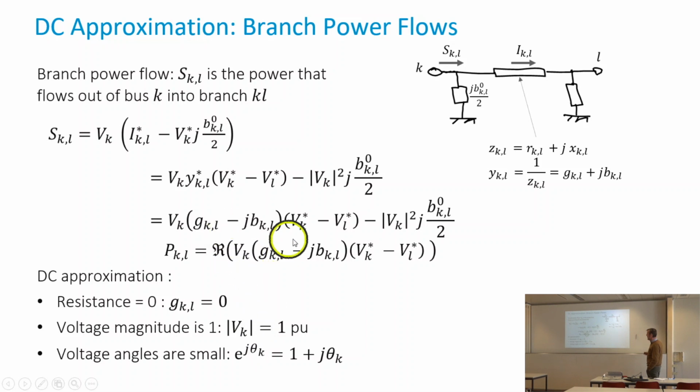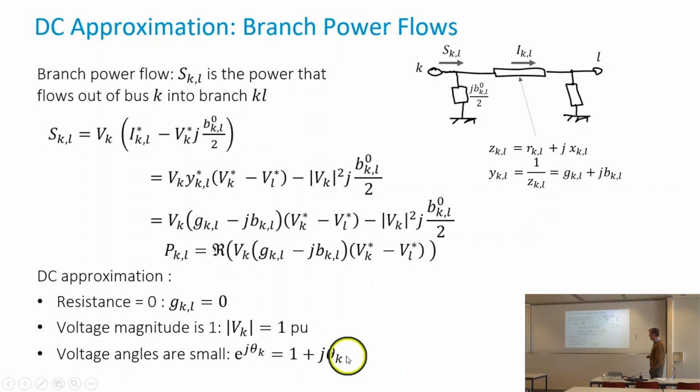So the modulus of V is equal to 1. That means when we have V times V conjugate, we replace it by 1. And you recognize here the power series expansion of the exponential: exponential of x is 1 plus x plus x squared over factorial 2, etc. Here we say if theta is small, the following terms, theta squared divided by 2, theta cubed divided by 6, etc., can all be neglected.